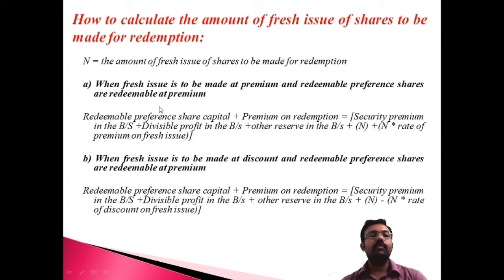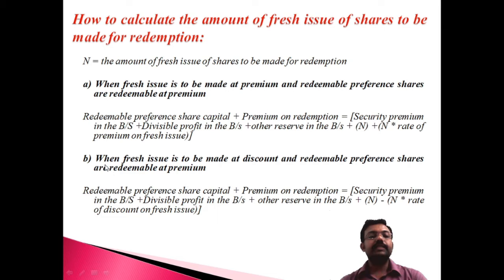That is the formula for when the fresh issue is made at a premium and redeemable preference shares are redeemable at a premium. So n is representing the amount of fresh issue shares to be made for the redemption.